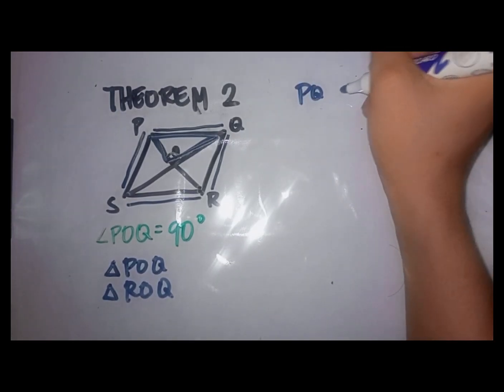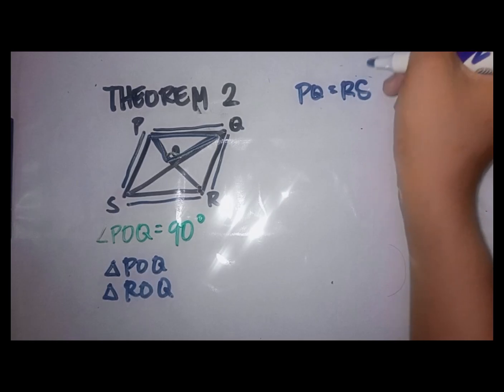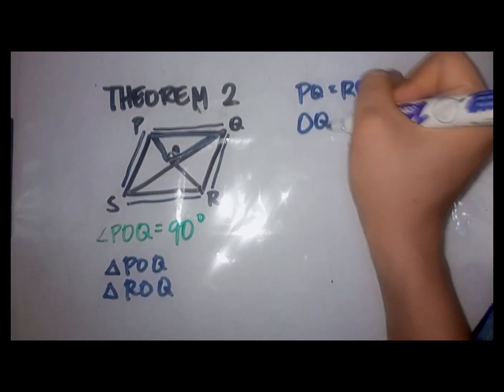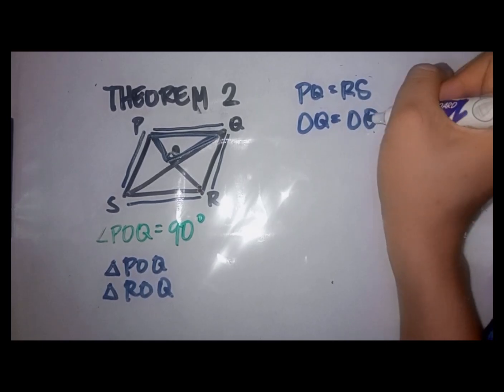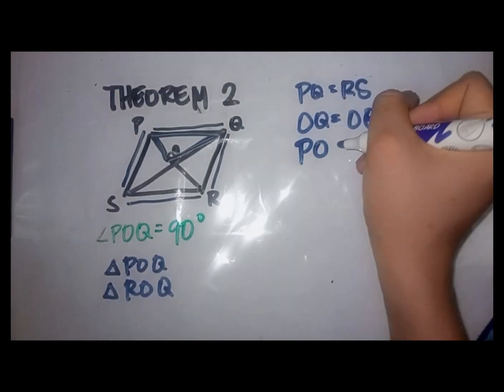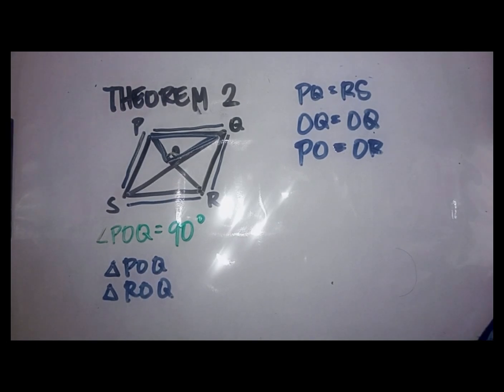Line PQ is equal to line RQ, given. OQ is equal to OQ, that is the common side. Now PO is equal to OR, since diagonal PR is bisected.